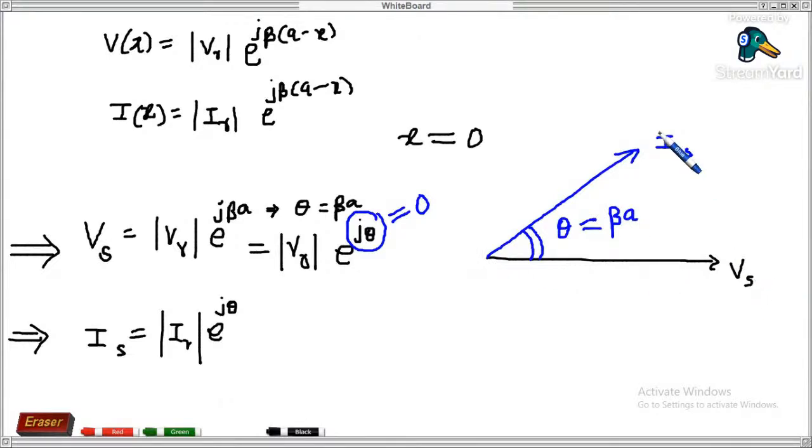I think तू थोडासा कन्फ्यूज आहेस. What I have shown here is the phasor diagram between Vs and Is. So can anyone tell me where will be the VR? Yes, phasor diagram.